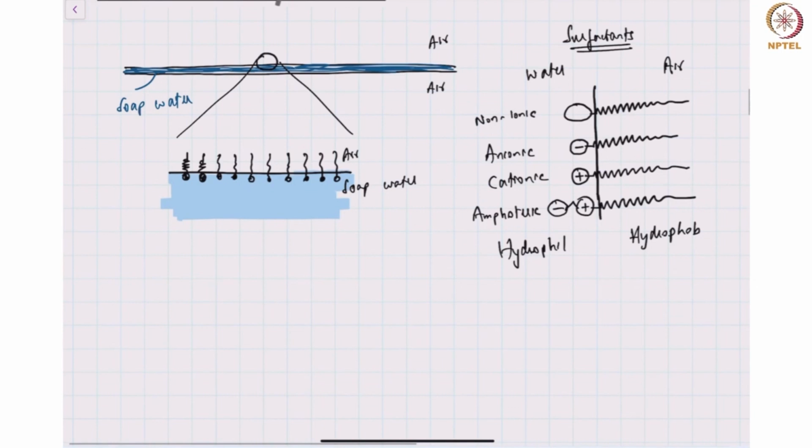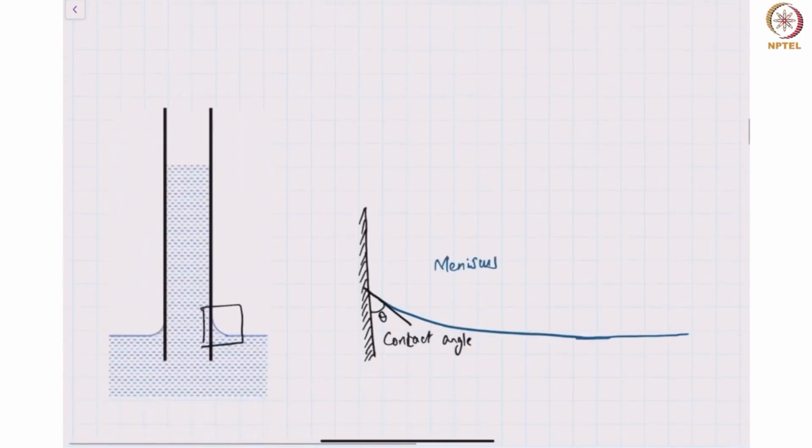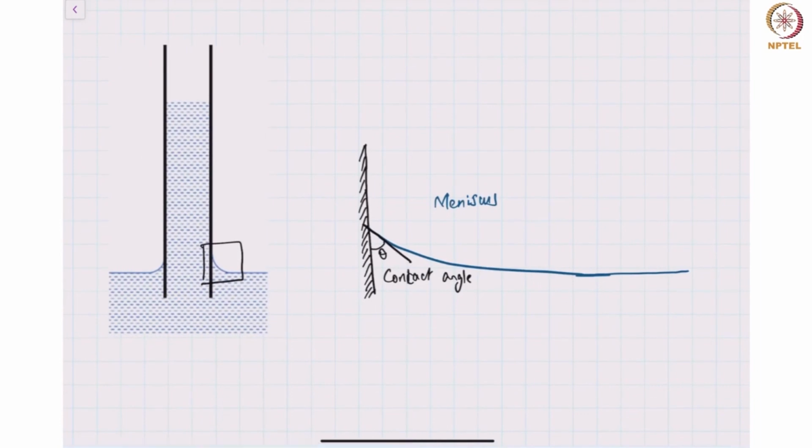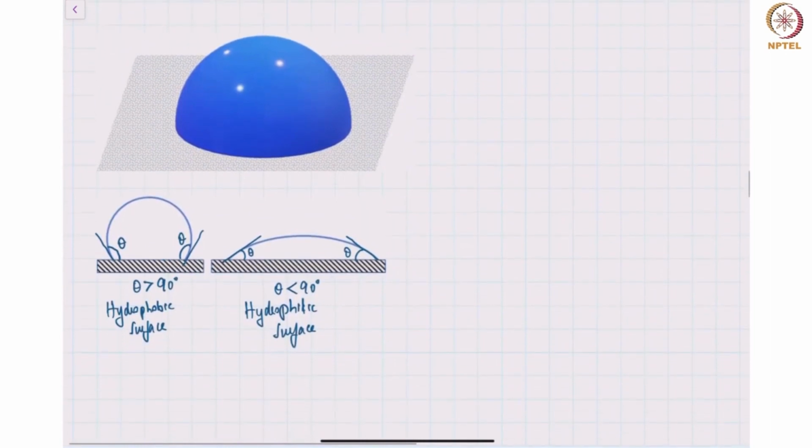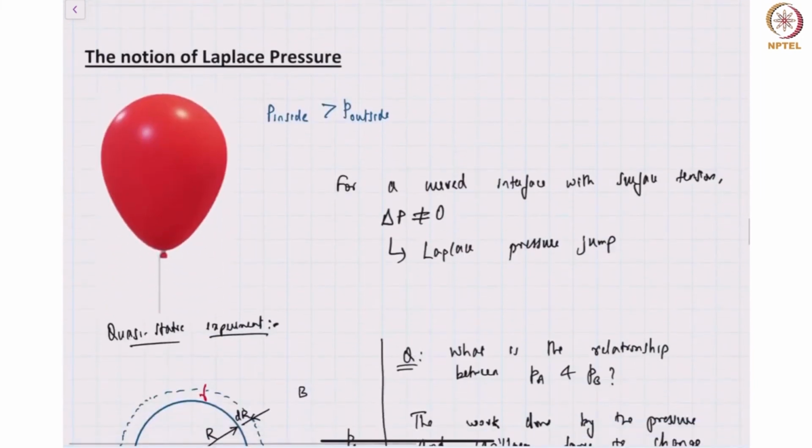Then we looked very briefly at what soap films are. Other consequences of surface tension arise where an interface between two fluids meets a solid. Then you have this notion of the so-called contact angle. We saw new vocabulary enter our discussion, words like hydrophobic and hydrophilic surfaces. And then we looked at the notion of Laplace pressure.